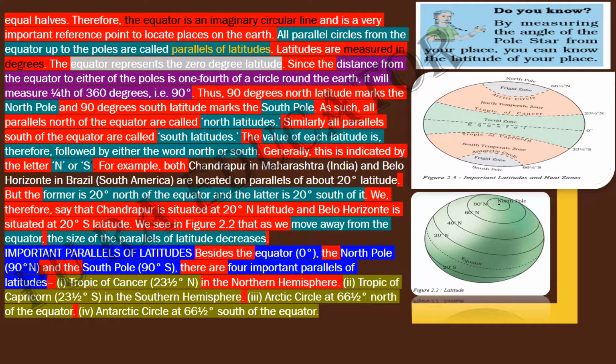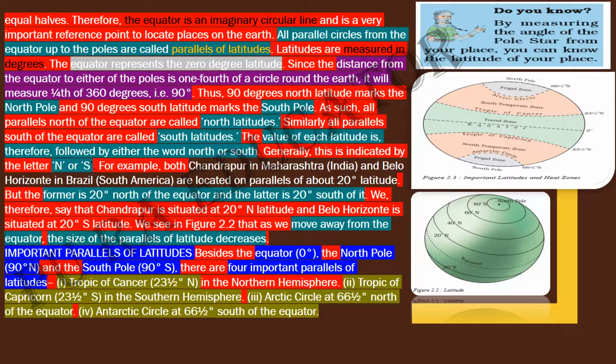Thus 90 degree north latitude is marked as the North Pole, and south latitude is marked by the South Pole, that is 90 degree south.